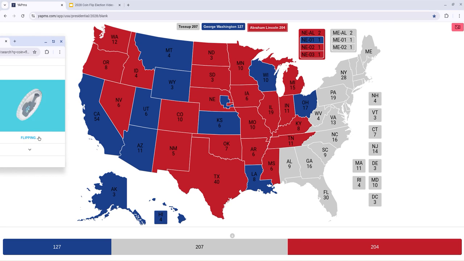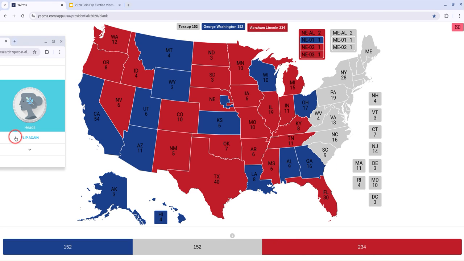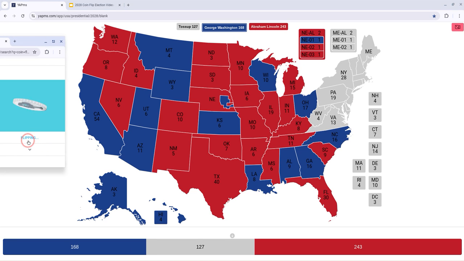Alabama with 9 going to Washington. Georgia with 16 going to Washington. Florida with 30 going to Lincoln. South Carolina with 9 going to Lincoln. North Carolina with 16 going to Washington. Virginia with 13 going to Washington. West Virginia with 4 going to Lincoln.